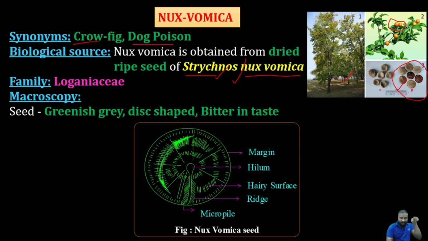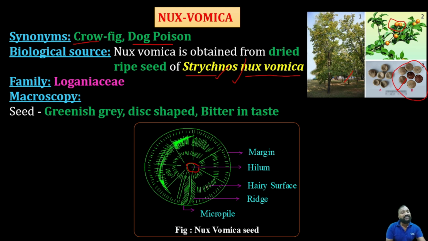In the earlier images these are completely ripened, dried seeds, and they are circular. They are bitter in taste, as strychnine and brucine are the bitter principles of Strychnos nux-vomica. In this image of the seed there is a margin, which is the outermost layer, and the central part is the hilum, a connecting part, and a hairy surface with lignified trichomes is seen. These are the characteristic features.